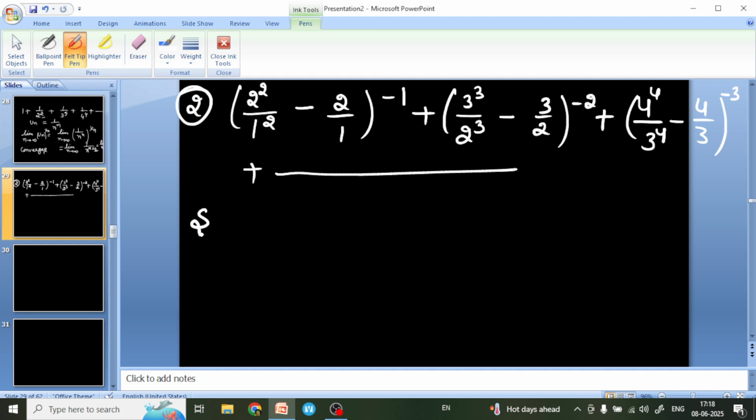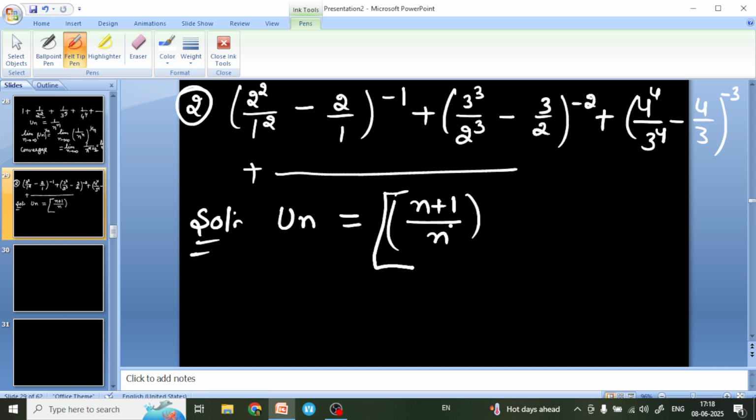First of all, how to solve it? First of all, you should write un is equal to, in square brackets, (n plus 1 over n) whole power n plus 1 minus (n plus 1 over n) whole power minus n.